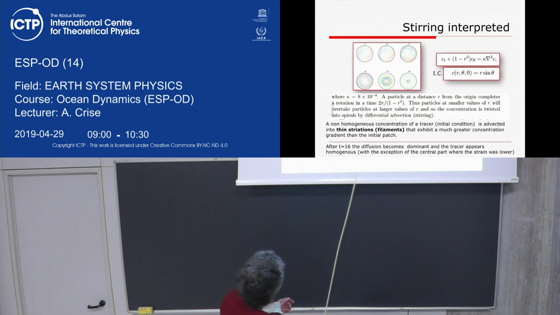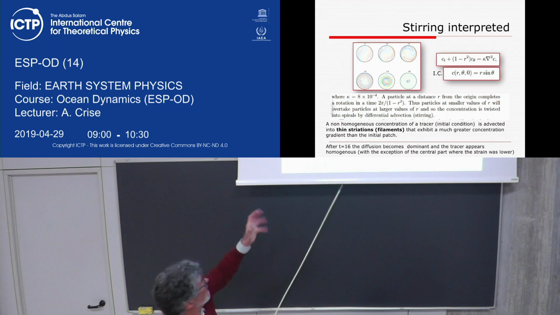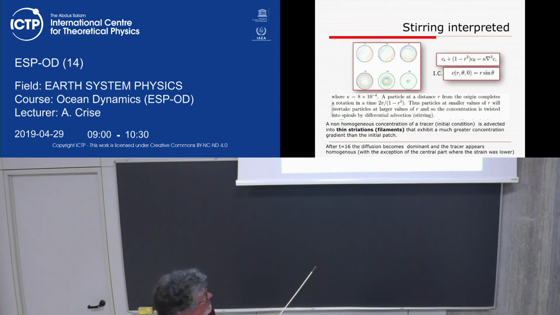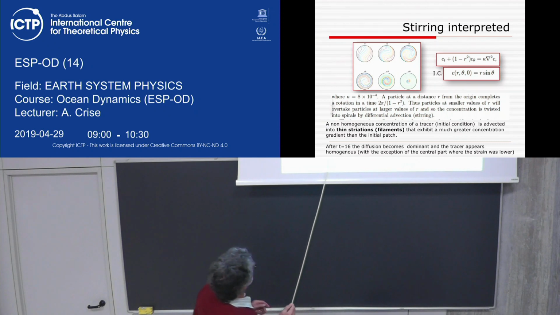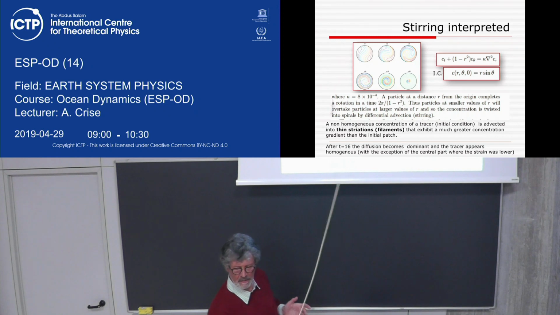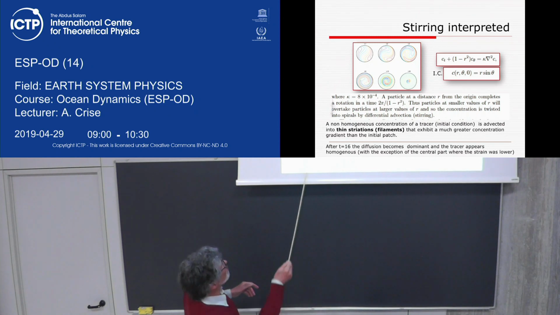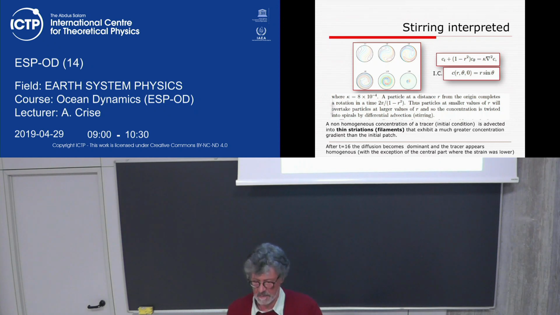Another point is, how do they obtain this nice filamentation? They create a velocity that depends on the square of the radius. So the outer part of the domain has a higher speed.